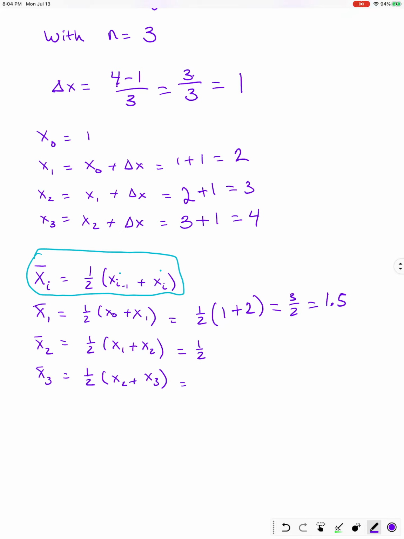And then the next one is 1/2 times 2 plus 3, so that's 5/2, and so that's 2.5. And then finally, I have 1/2 times 3 plus 4, which is 7/2, and that's equal to 3.5.